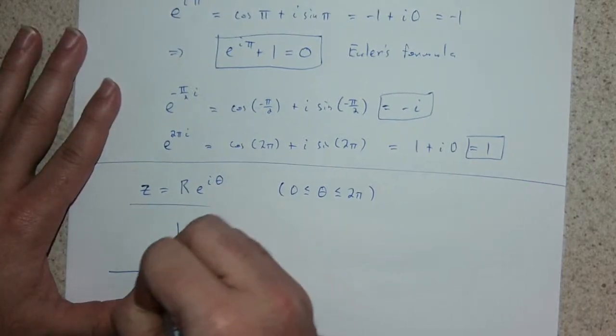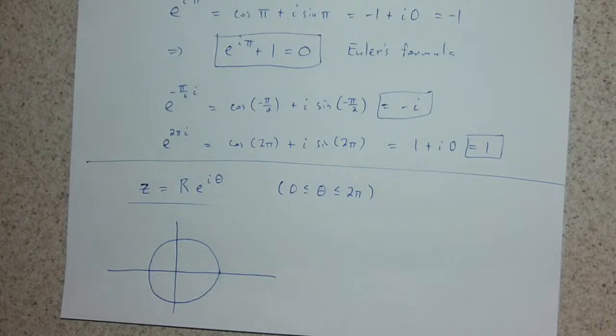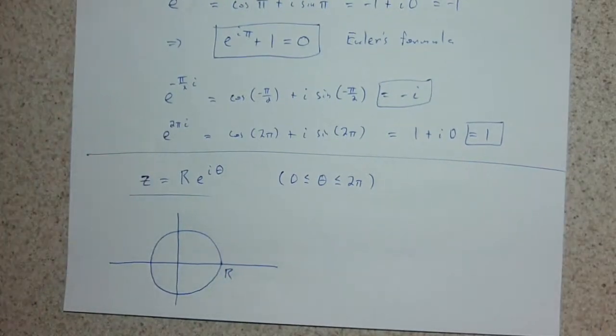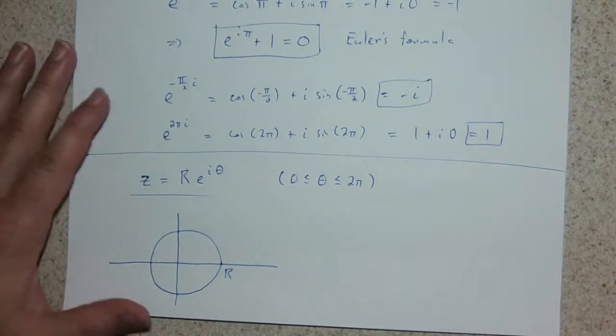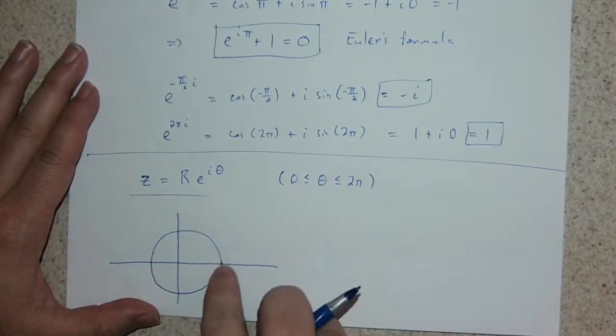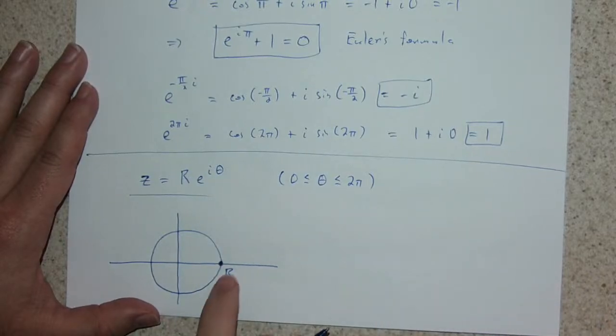So, oh, that's bad. That's a pretty bad circle. Okay, but you can pretend that it's a good circle. So here's a circle of radius r centered at the origin. Right, and so this can be thought of as parametrically describing this curve in the following way. So theta beginning at 0, that's this point on the positive x-axis.